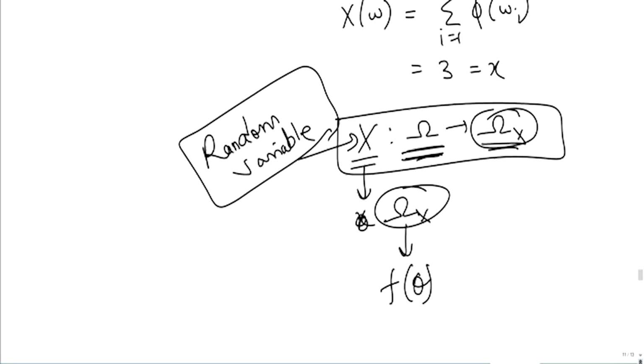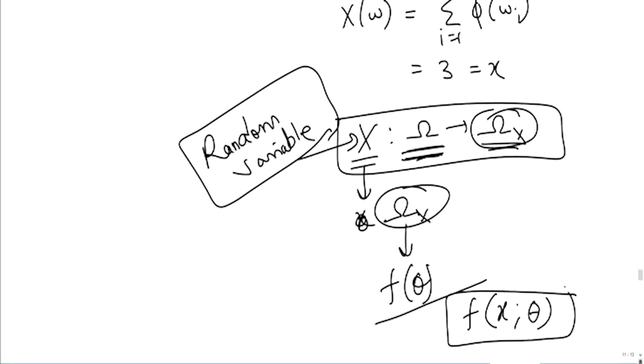The probability assigner function is always defined on the values of the random variable, because these are numeric and well behaved, right. That is why you will see that the probability assigner functions are written like this, f of x theta. So, rather than omega we write x, because we are always defining it on the values of some random variable X, that is what it means.